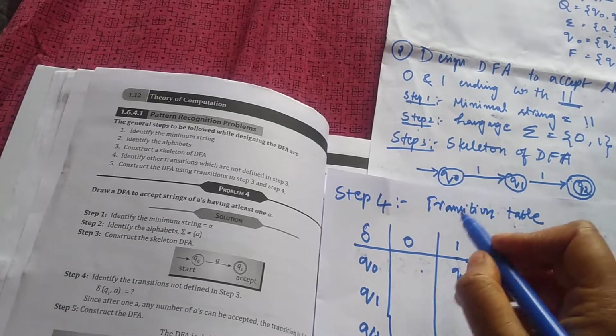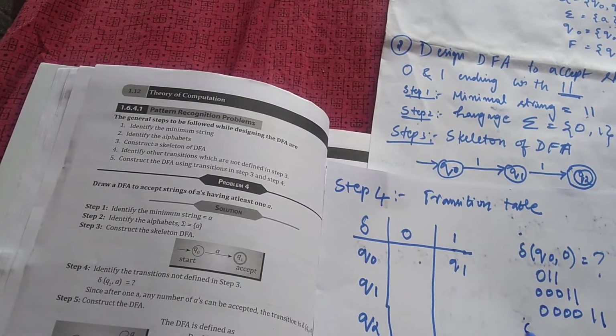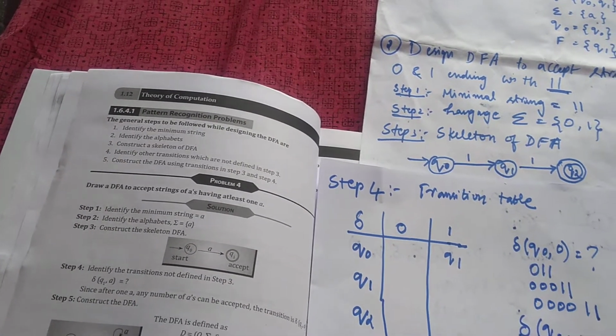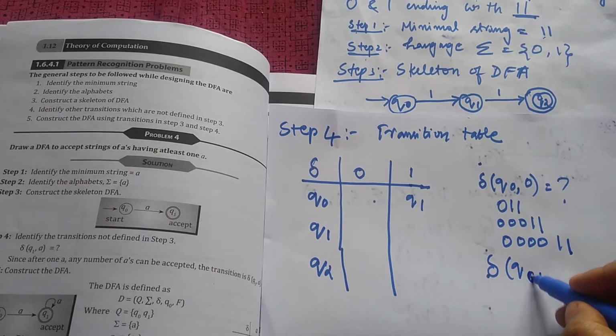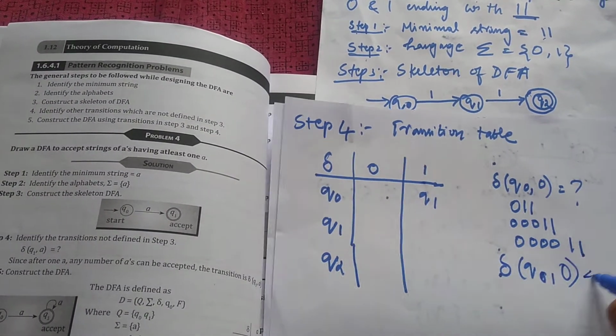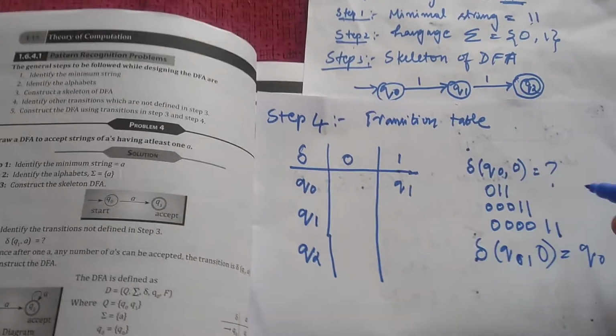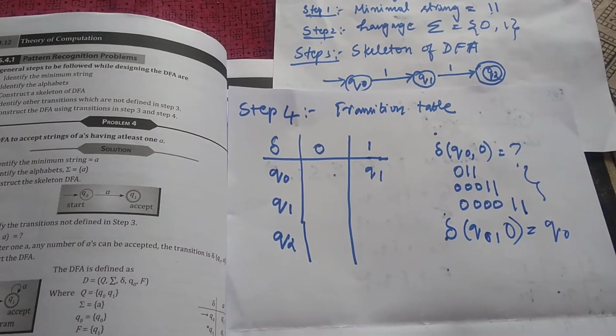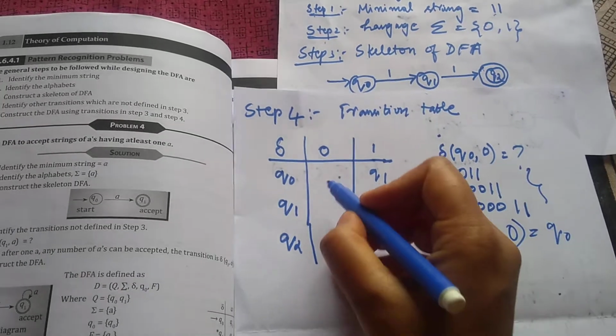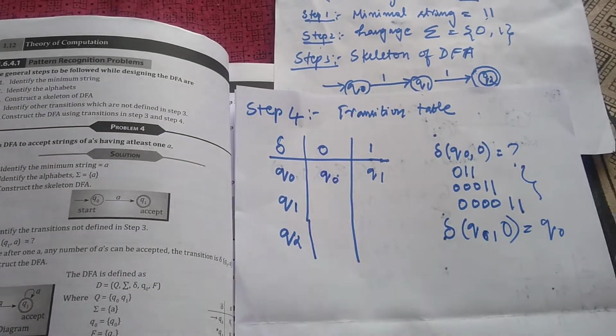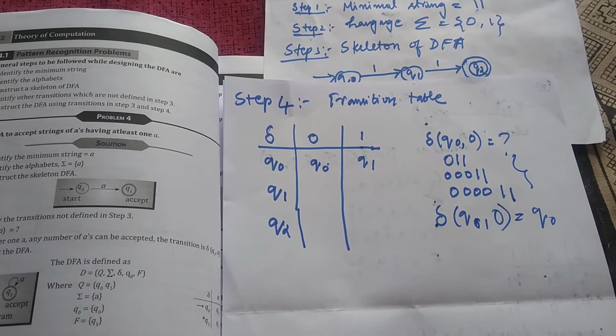So at Q0, if you have a self transition on 0, then you can have these many types of strings that are accepted. So Q0 upon 0, there is a self transition.